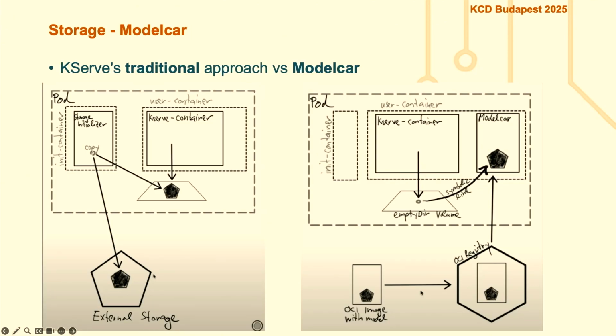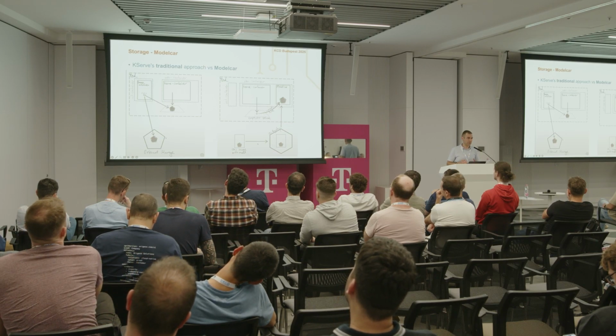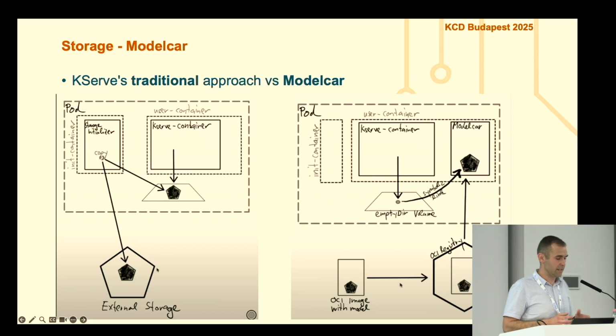On the previous slide, I showed you the storage initializer. Let me show you another option, which is great for serving LLMs, for example. On the left-hand side, you can see the KServe traditional approach for model initialization.